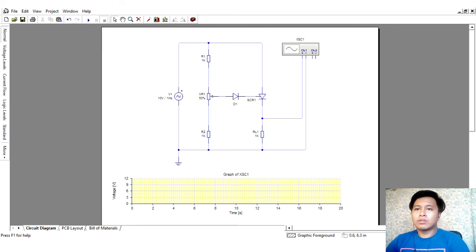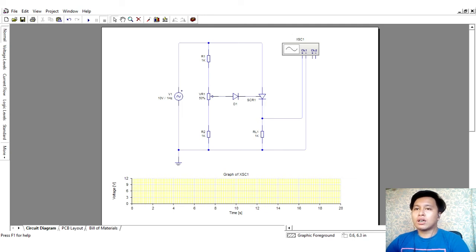From the circuit that I designed, the gate triggering voltage is derived from the AC supply through resistors R1, R2, and R3. The variable resistance R2, or the potentiometer, limits the gate current during positive half cycles of the supply.